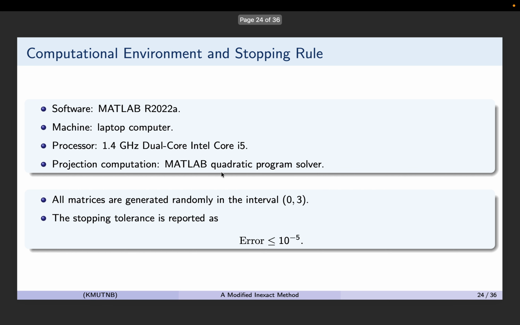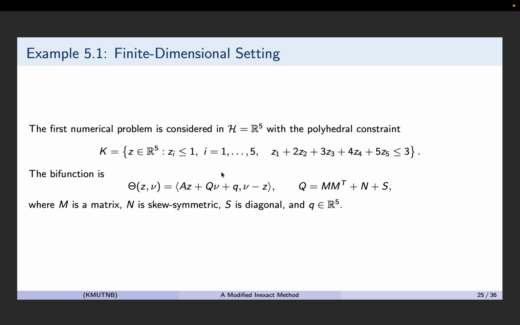In the first example, we consider this finite dimensional case where the constraint set is given by this, and the bifunction is given by this, where Q is defined by this, with M a matrix, N a matrix, S diagonal, and this q is a vector in R^5.